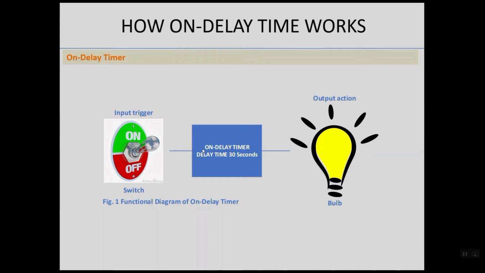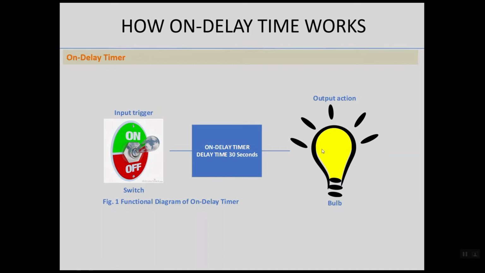That's why it is called an on-delay timer, but it does not affect the off operation. When we turn the switch off, the timer gets deactivated immediately and it turns the output bulb off. So this timer only delays the on action and does not delay the off action. That's why it is called an on-delay timer.